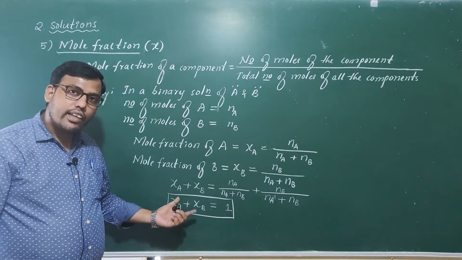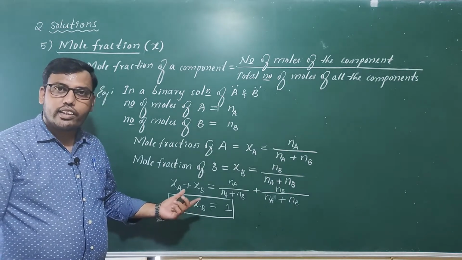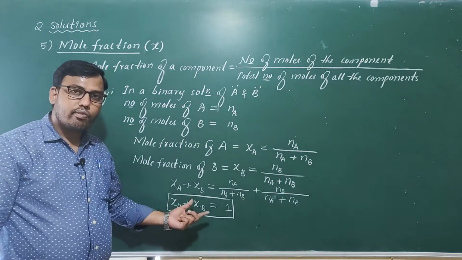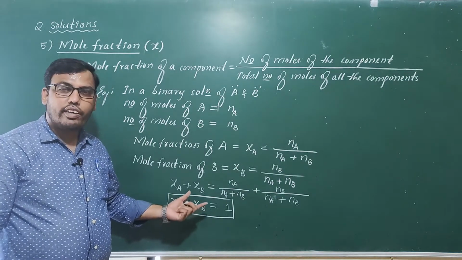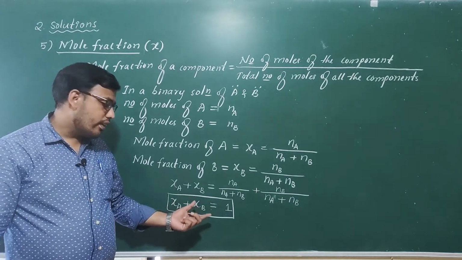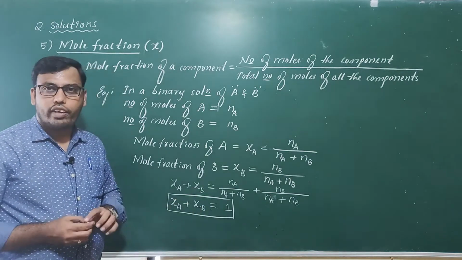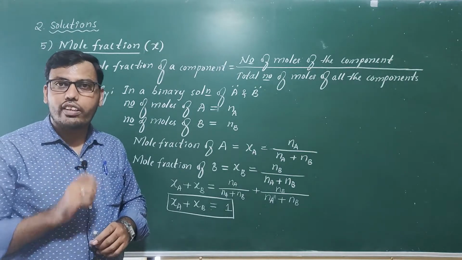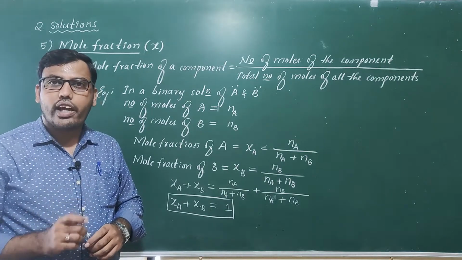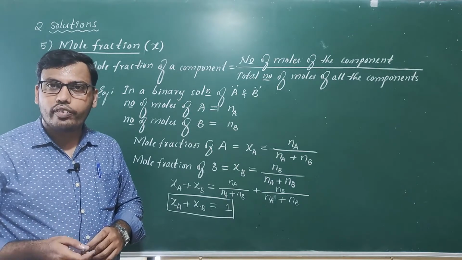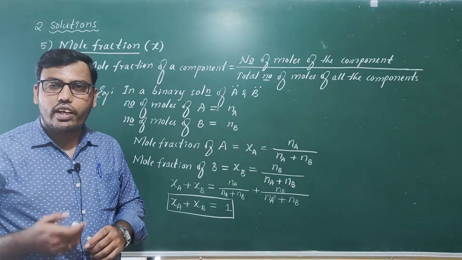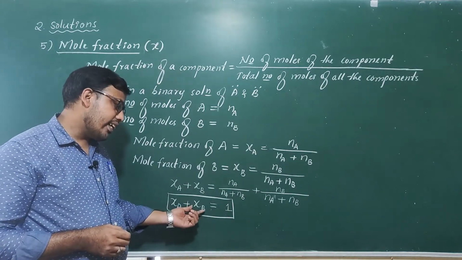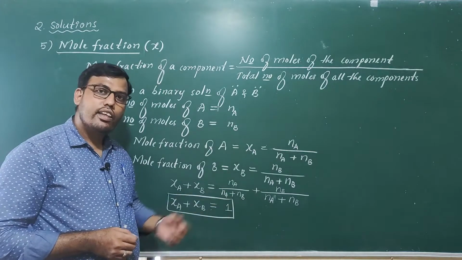Even if I take a ternary solution with three different components, the sum of mole fraction of all the components of a solution is always equal to 1. It means that if you know the mole fraction of one component, you can easily calculate the mole fraction of another component. If you know Xa, you can easily calculate Xb. Xb is equal to 1 minus Xa.